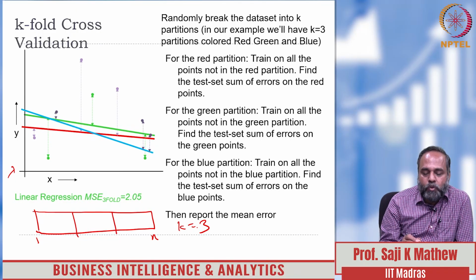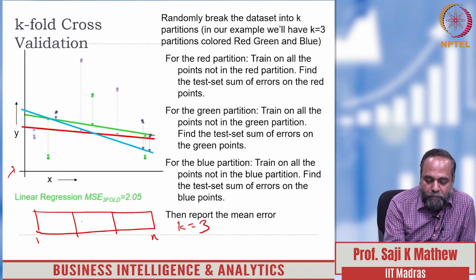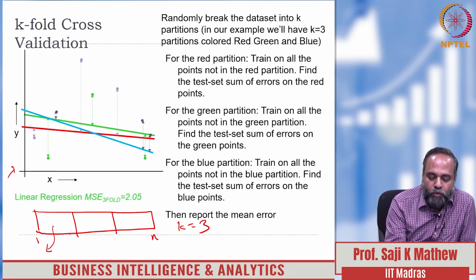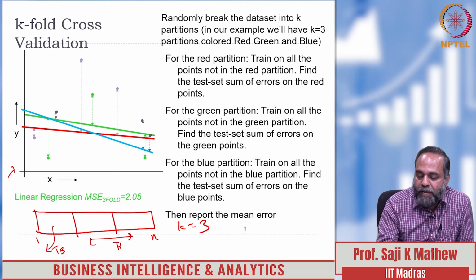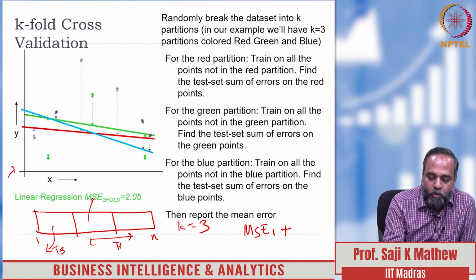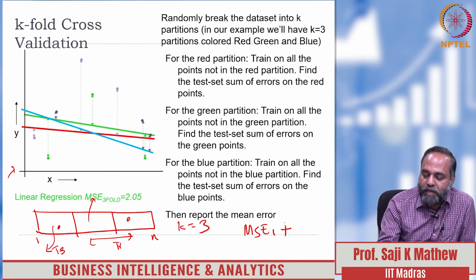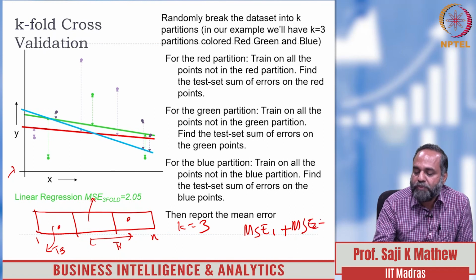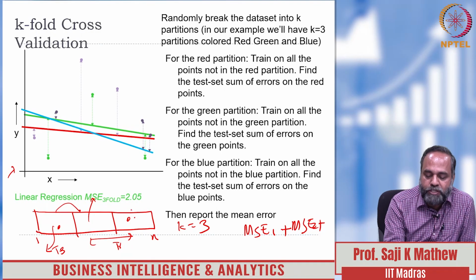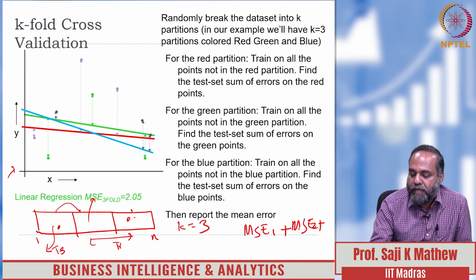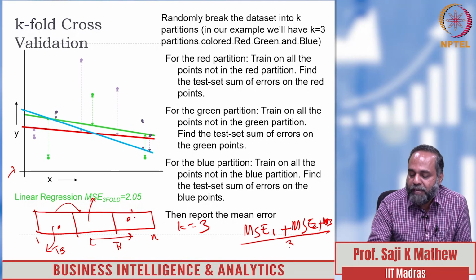You leave the first fold out and build the model using the other two. This is your training, this is your test, and you get MSE 1. Then you leave the second out, build the model using the first and third, and get MSE 2. Then you leave the last one out, build the model using the first two, and test it using the last fold, that is MSE 3, divided by 3, since k equals 3.